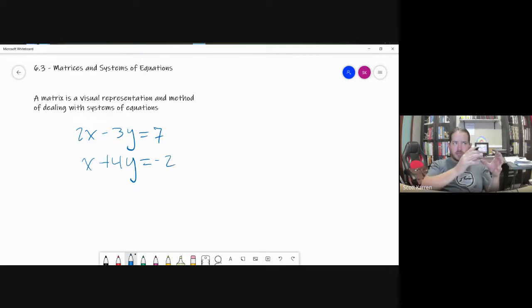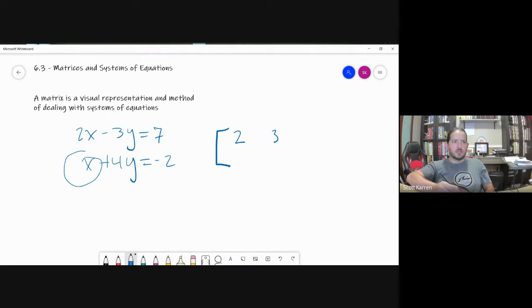I can recreate this all in one mathematical object, that is the matrix, by just taking the coefficients: 2, 3, the coefficient in front of this x is a 1, and then a 4, and I'm going to augment it, right? This little line right here is essentially the equals bar, but I'm going to augment that with these two numbers on the right, 7, -2.